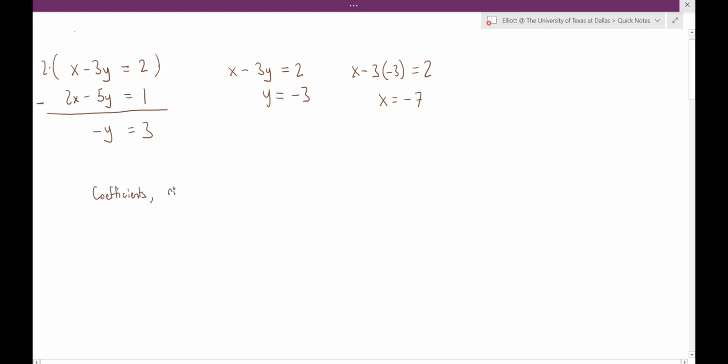The right-hand side of our equation was also important. The variables x and y, they're actually somewhat not important. They may be somewhat superfluous, you could say.